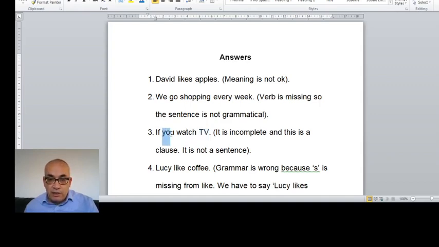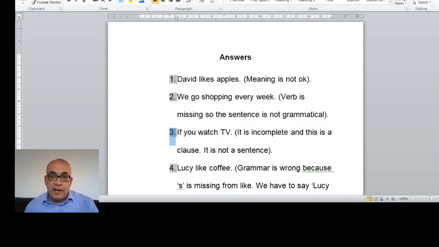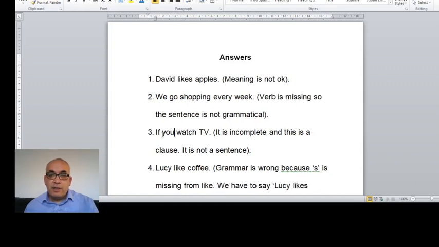But this is a text, not a sentence. So how can I make it complete?